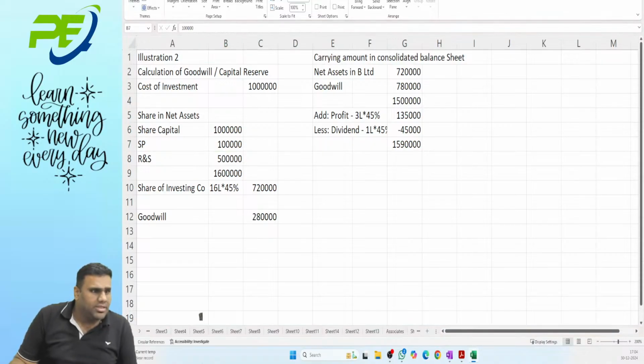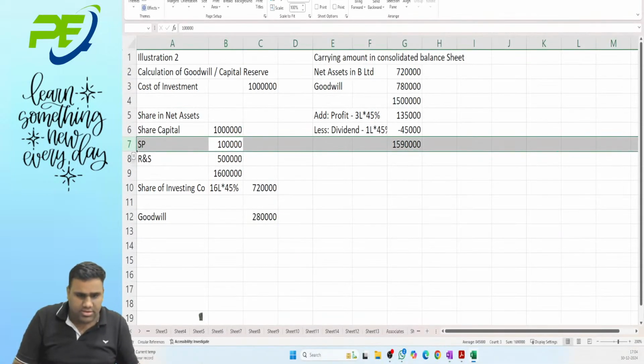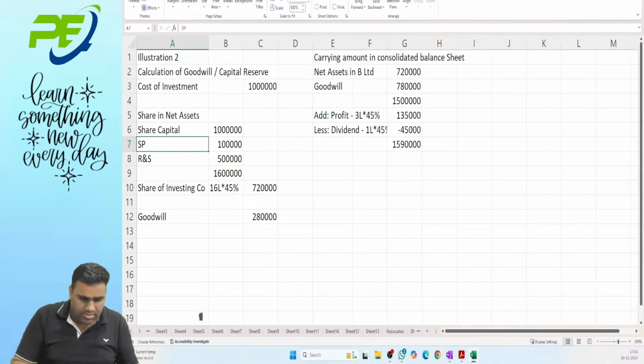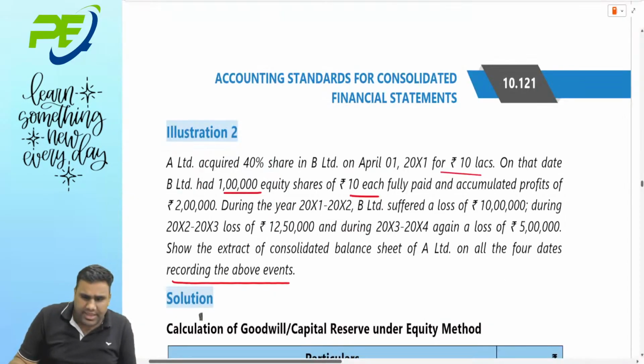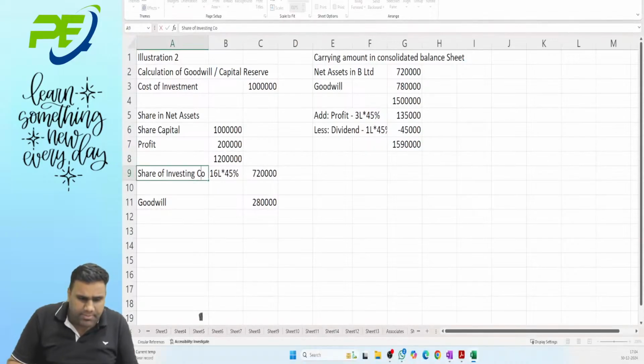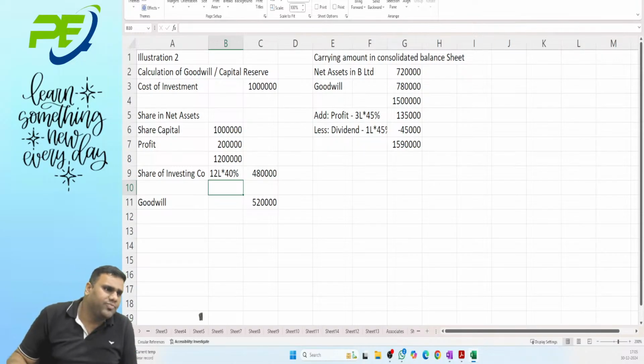Securities premium, not there. Accumulated profits 2 lakh. So total it is 12 lakhs. Share of the investing company: they acquired 40% share. So 12 lakh into 40%, 4,80,000.